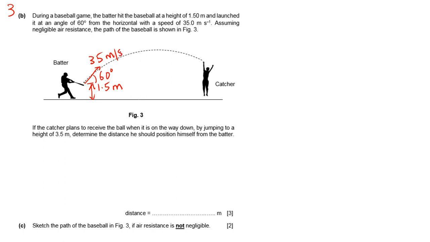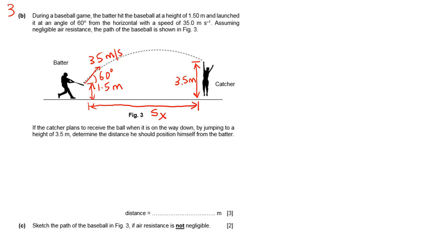The catcher will be catching it at a height of 3.5 meters. So what is the distance that he should position himself? So we're looking for the horizontal distance over here, and we'll label it as Sx.